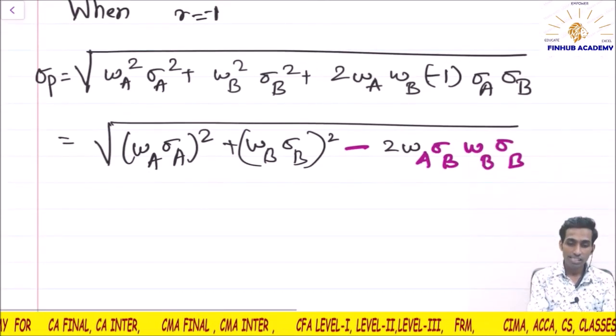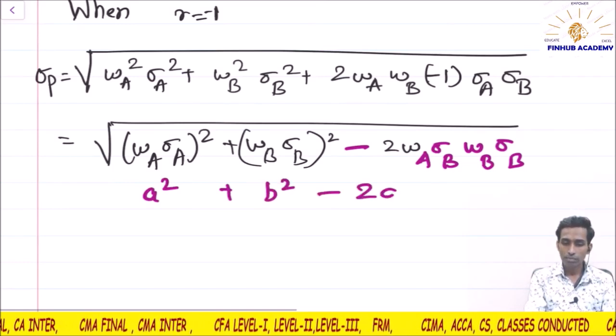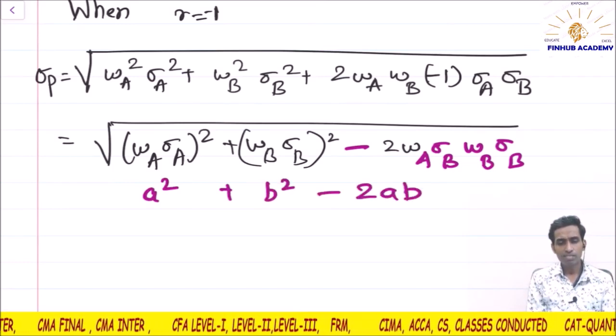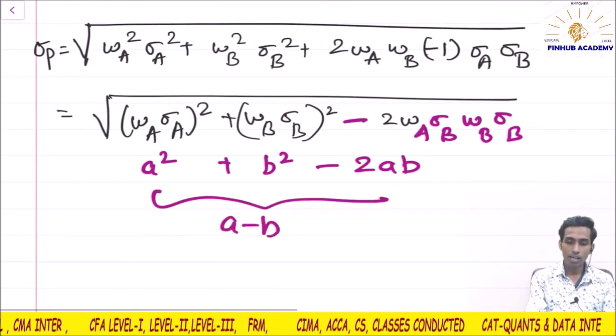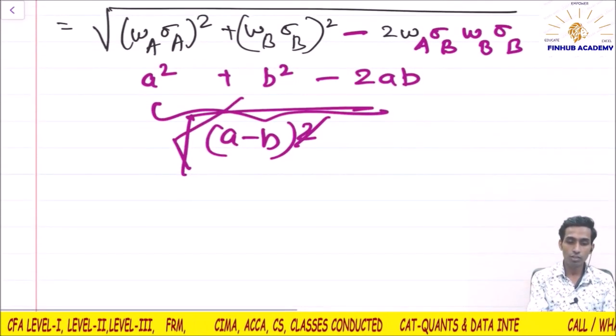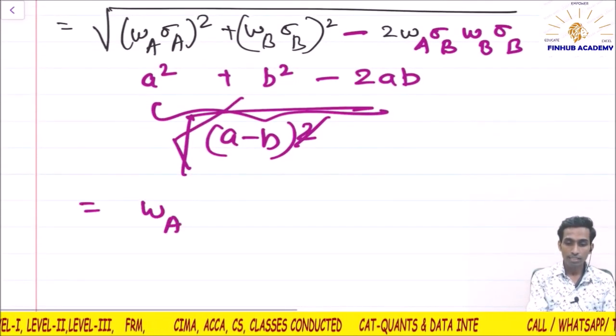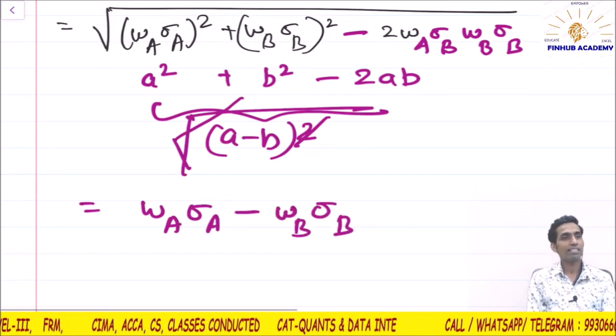Understood? So this is A square plus B square minus 2AB. Correct, no? I know that this is nothing but A minus B the whole square, and when we take the root, A minus B will be left. So A is weight of A, standard deviation of A, minus weight of B, standard deviation of B. That's it. Understood?